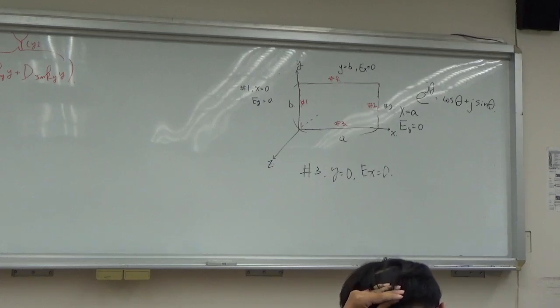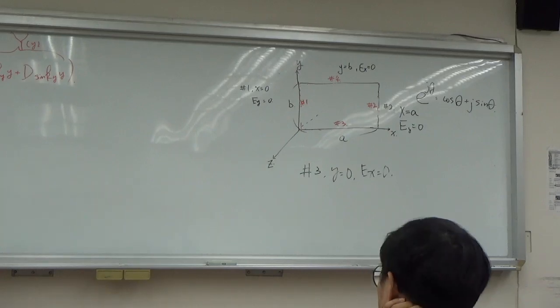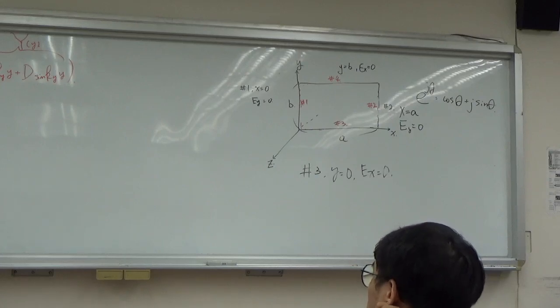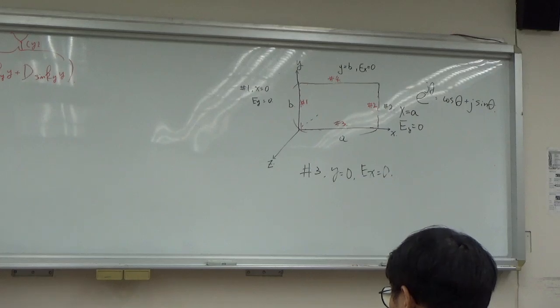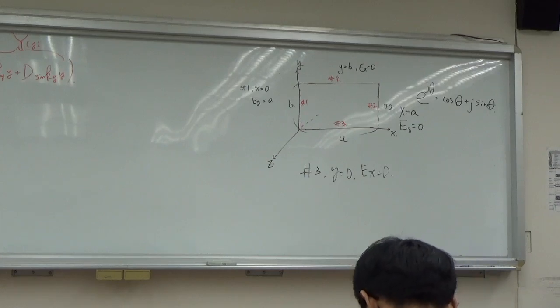So EY equals to j over Kc square multiply, because this is 0, so you have only this term.